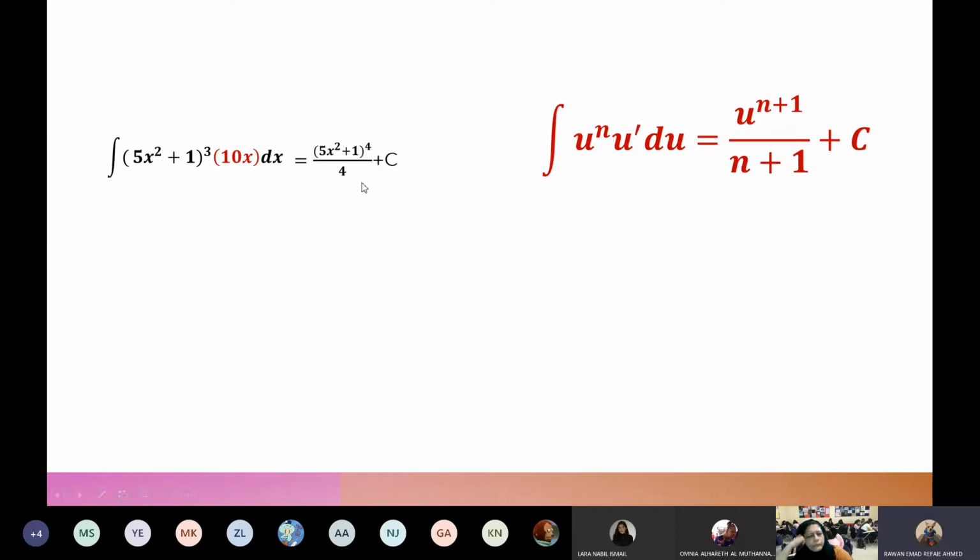So it's going to be 5x squared plus 1 to the power 4 over 4. And then we have another example. Who wants to try and solve it? I will.